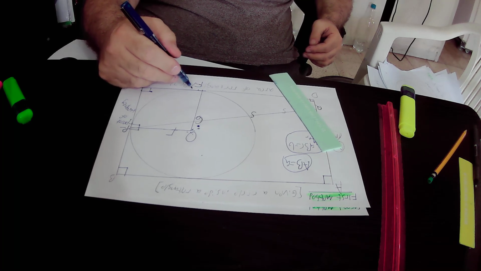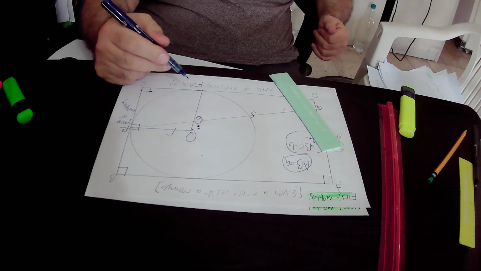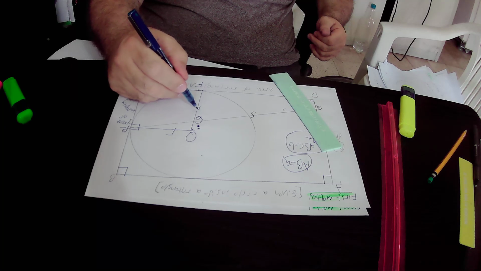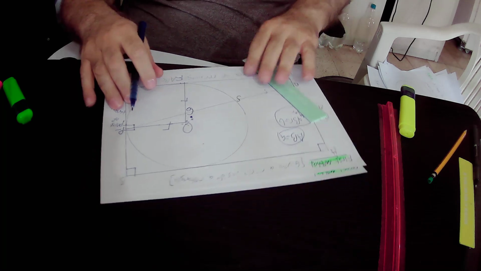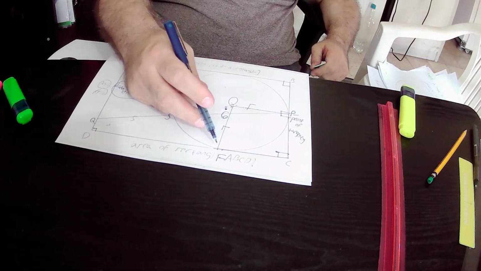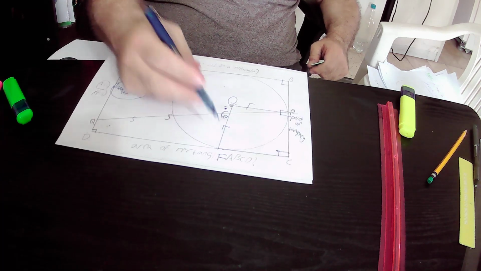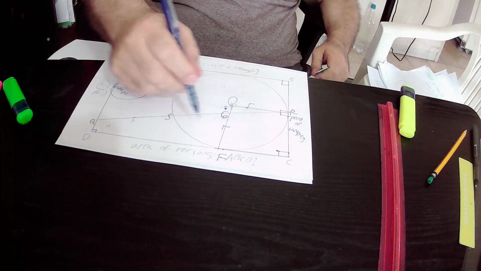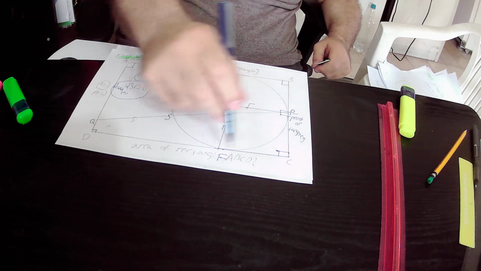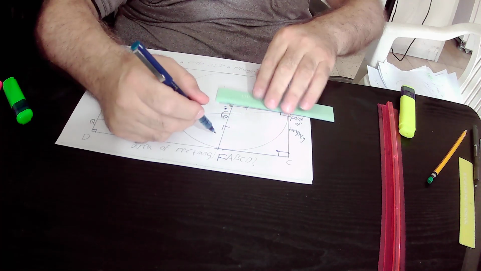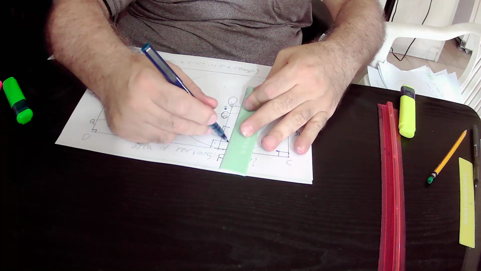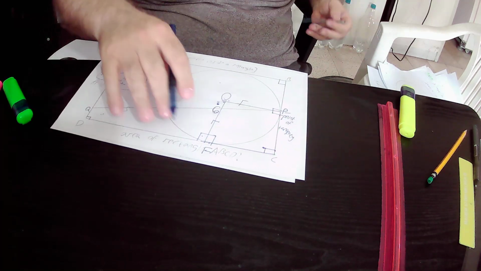Point F is a point of the circle itself, therefore OF is the radius of this circle that is equal to R according to our definition. Here again, according to rule number 1, because the radius OF is drawn to the point F, that is the point of tangency of tangent DC with this circle, therefore tangent DC will be perpendicular to the radius OF. So if DC is perpendicular to OF, it means that this angle equals 90 degrees, and this angle will also be equal to 90 degrees according to rule number 1.